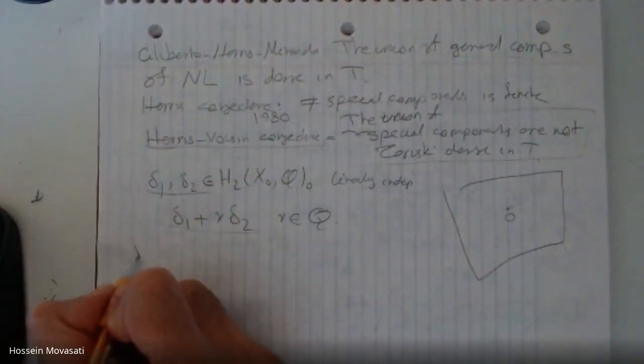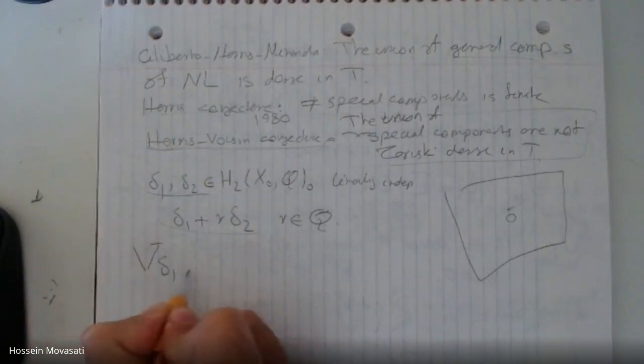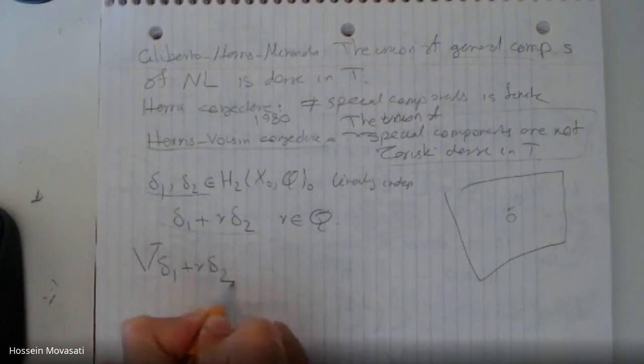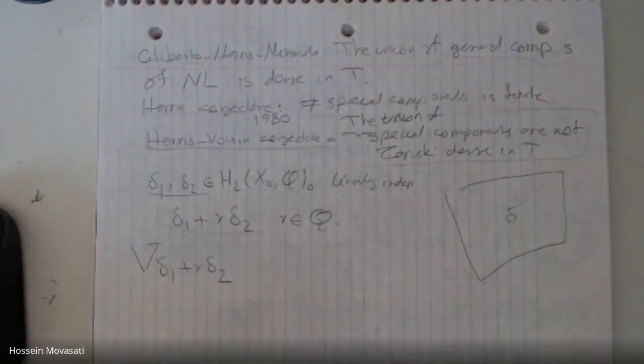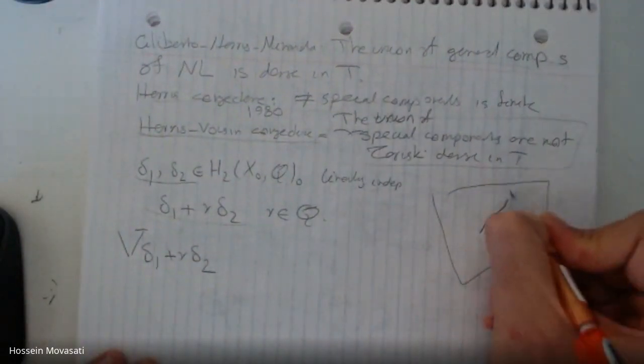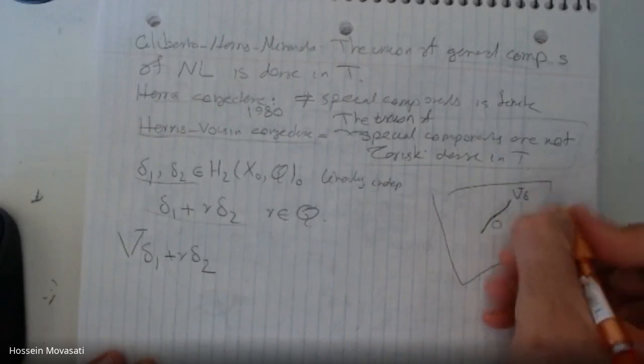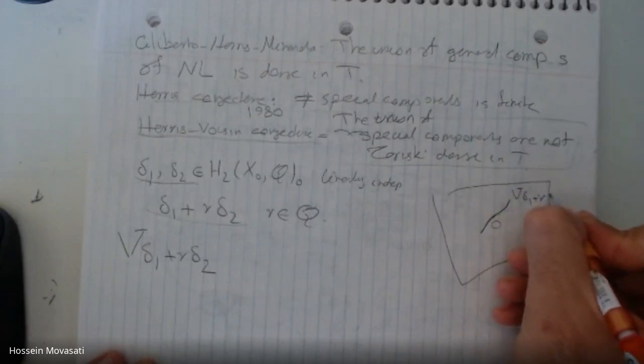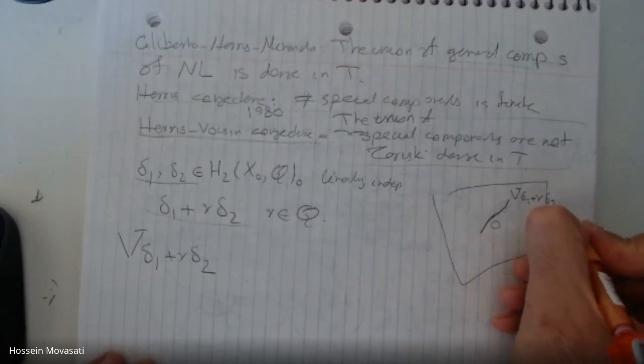So the idea is to look at V delta 1 plus r V delta 2, and these are, let's say, analytic varieties.